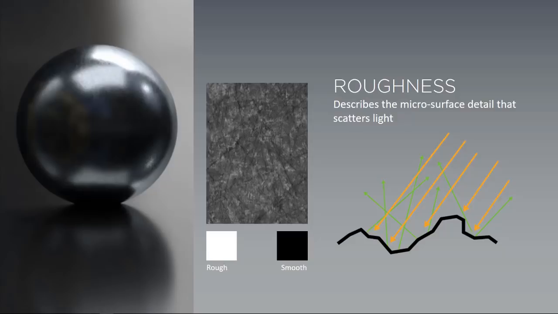I cannot stress how important roughness is, because this is where all the patina of the material is going to happen. The use, the history, you can see on the ball there, all the little scratches. Not only that, but it will also determine the reflectivity, because we are always looking for, where's my reflection map? Where's my glossy map?